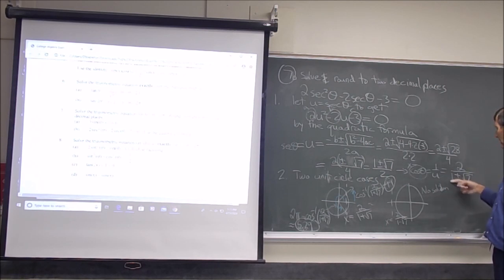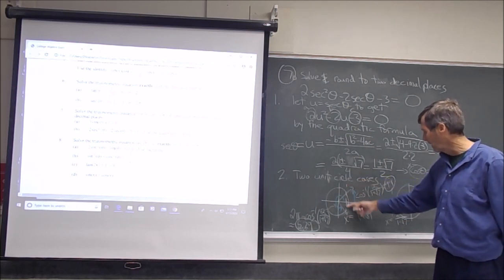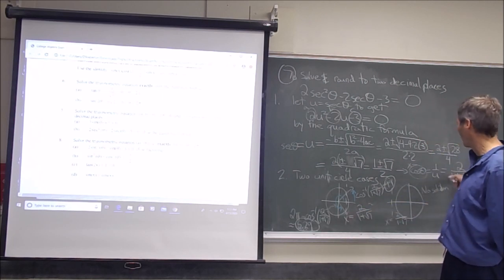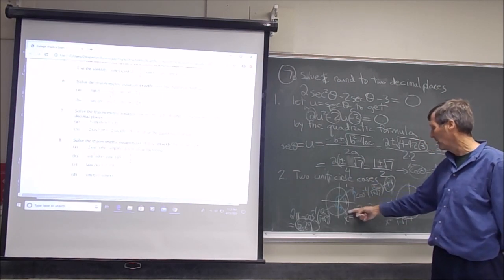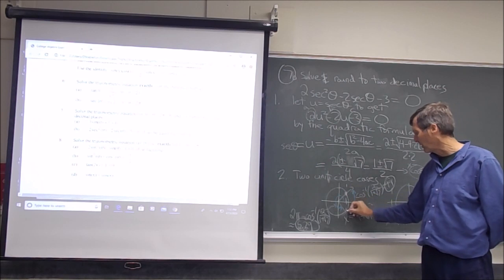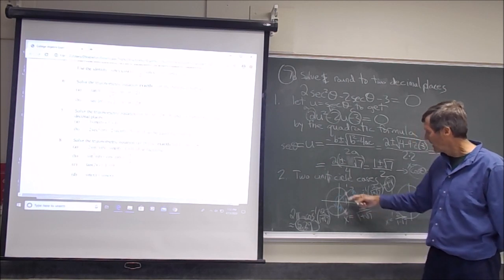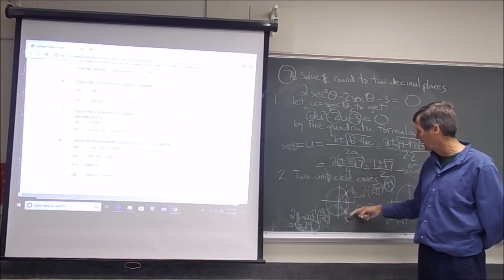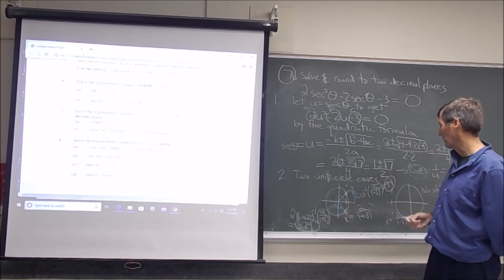If cosine theta is equal to that, then that means the x-coordinate in the unit circle is equal to that. We can break this up into 2 cases, one for the plus sign, one for the minus sign. So here's the vertical line of all points x equals 2 over 1 plus square root 7. There's 2 places that vertical line intersects the unit circle. Hence there's 2 terminal rays that can give you cosine equal this number.